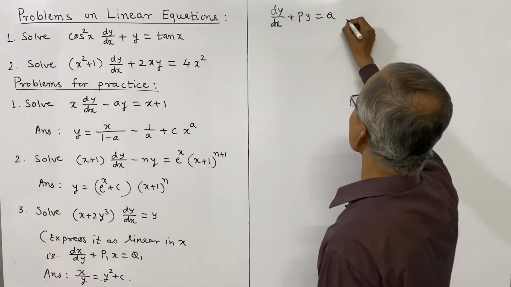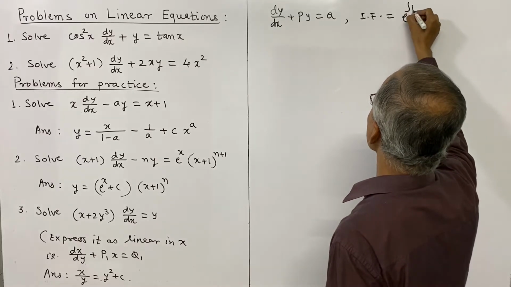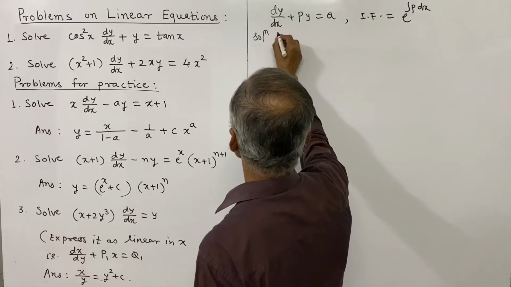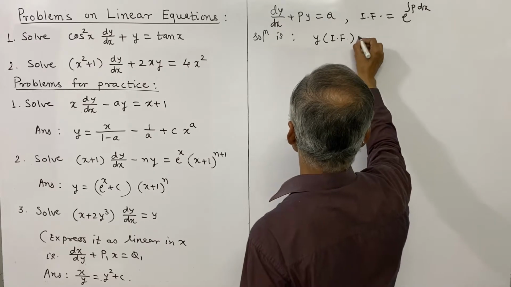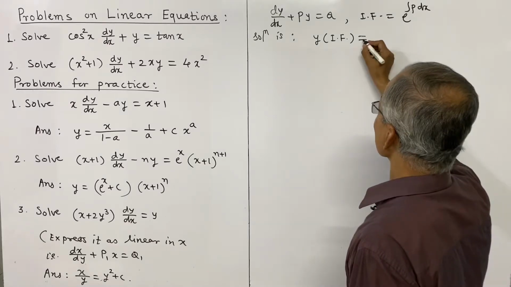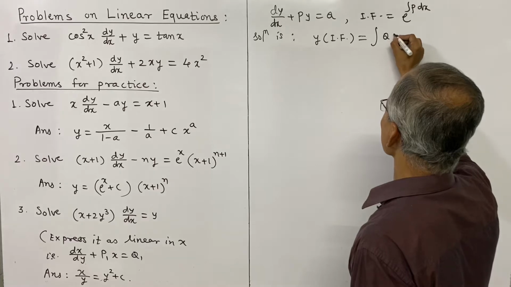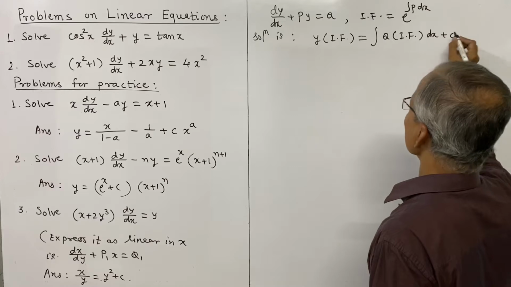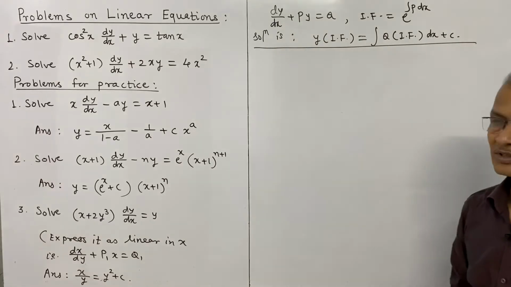Its integrating factor is e to the power integral p dx, and the solution is y into IF is equal to integral q into IF dx plus c. This we have studied in our previous lecture. So, these things are to be remembered for a linear differential equation.